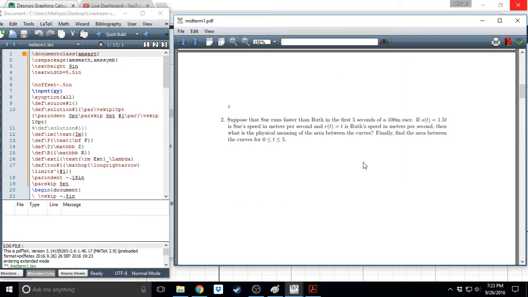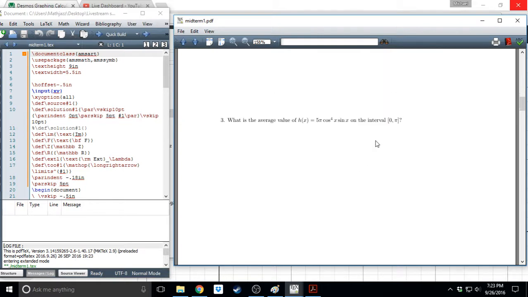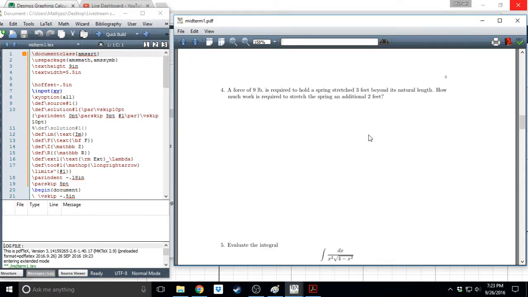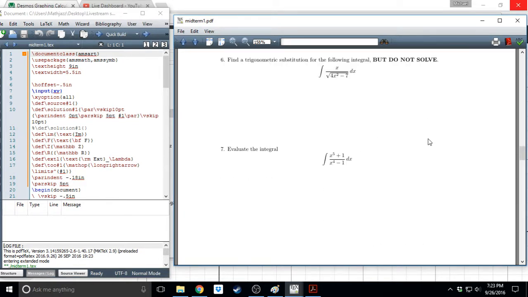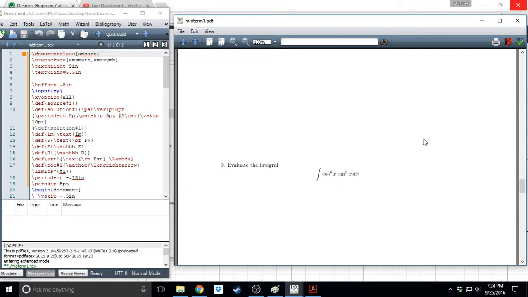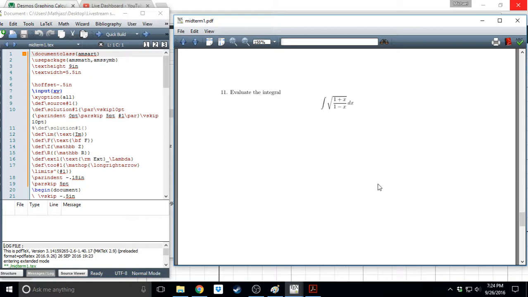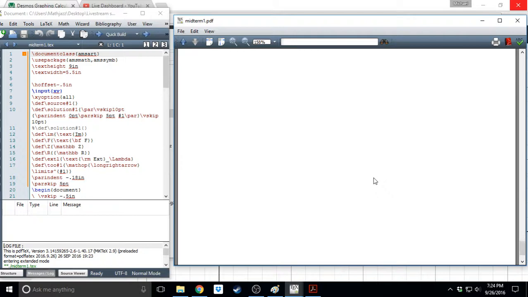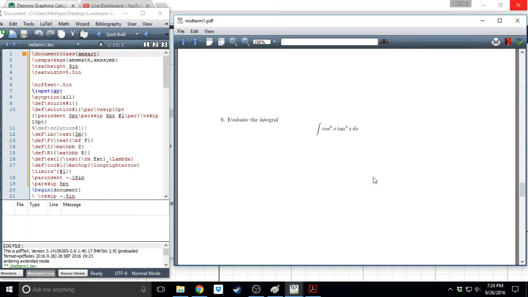Not that one, not that one. This is another rope and bucket one.